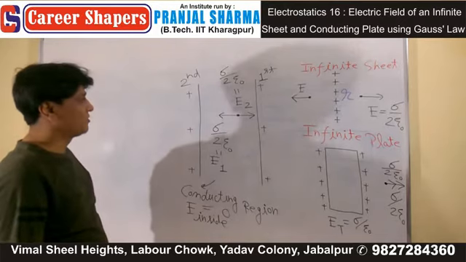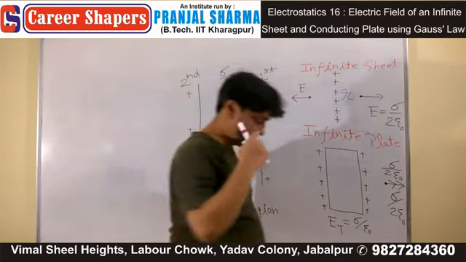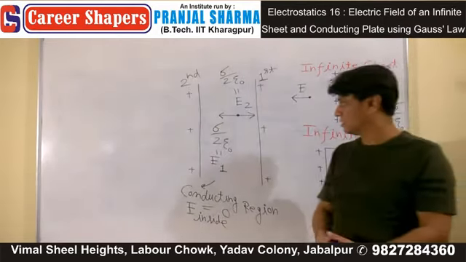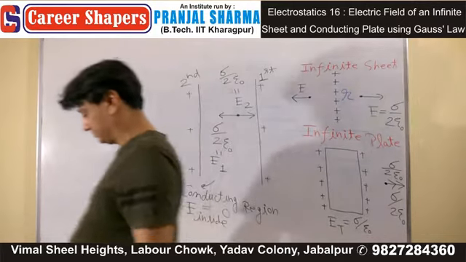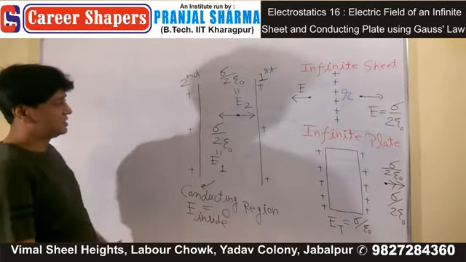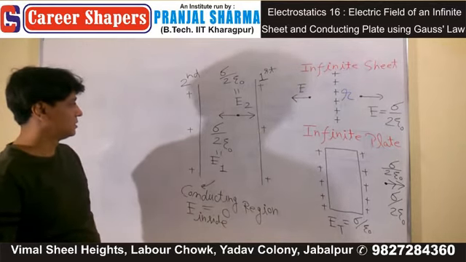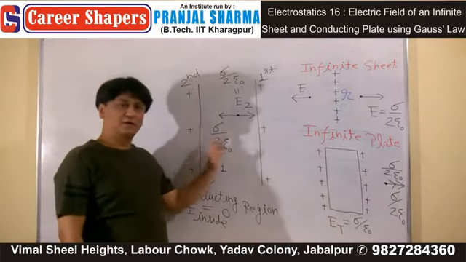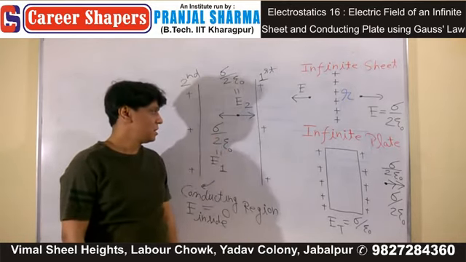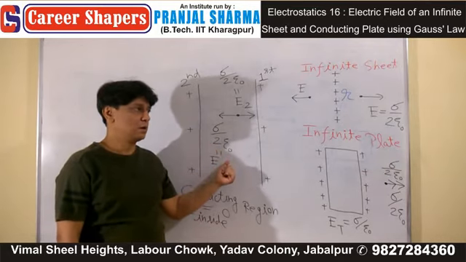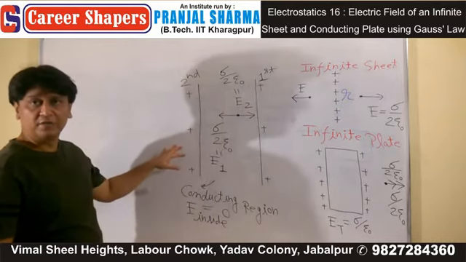Also write down the whole thing in the form of a statement. Anywhere inside the conducting region, electric fields produced by side charges are equal in magnitude and opposite in the direction.